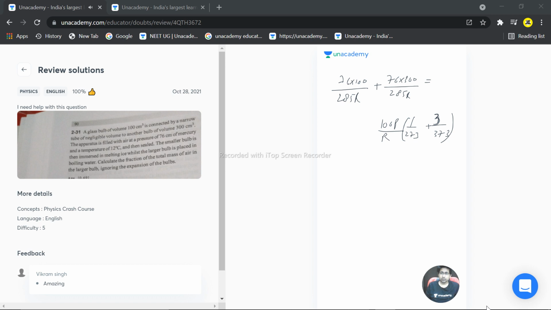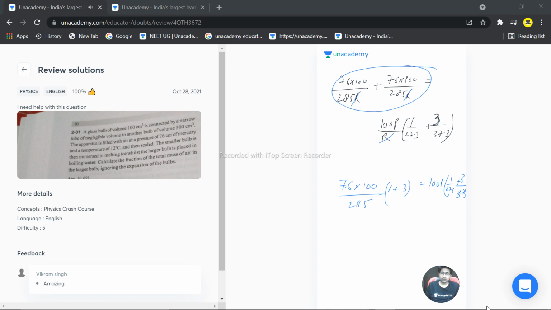First of all, R is cancelled out. From above I can take 76 into 100 by 285 common; in bracket I have 1 plus 3. This is equal to 100P into 1 by 273 plus 3 by 373.